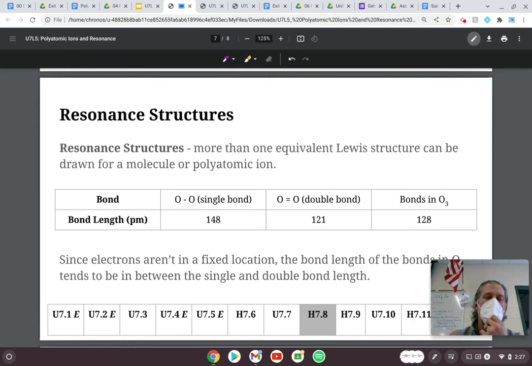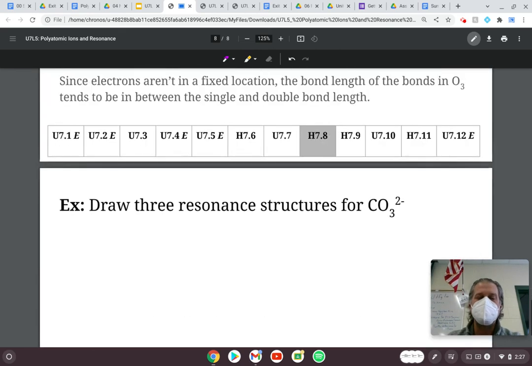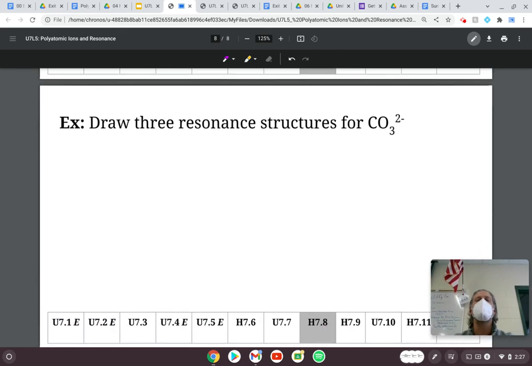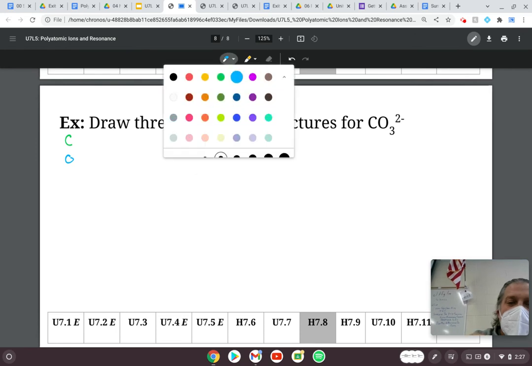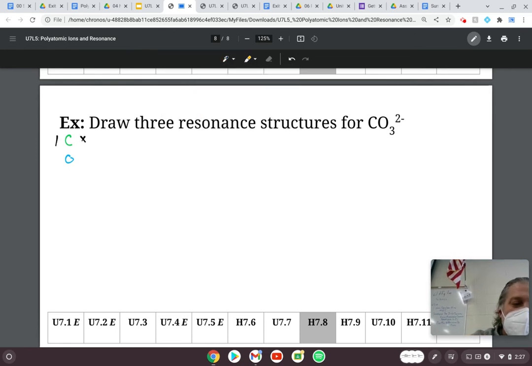Yeah. So, as an example, we can draw 3 resonance structures for the polyatomic ion CO3 2-, which is carbonate. Just like we've done before, I'm going to start with identifying what I have. I have carbon and I have oxygen. I have 1 carbon atom times its 4 valence electrons, and I have 3 oxygen atoms times the 6 valence electrons, which is 18 valence electrons.